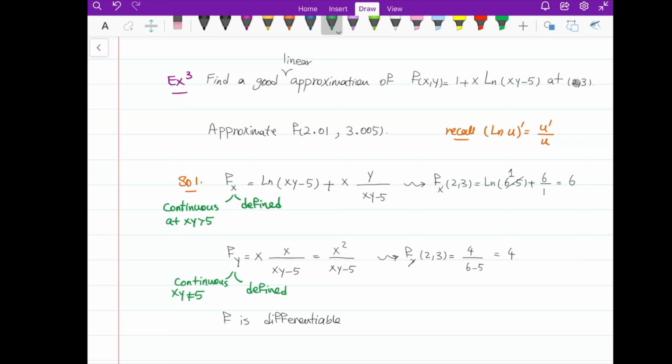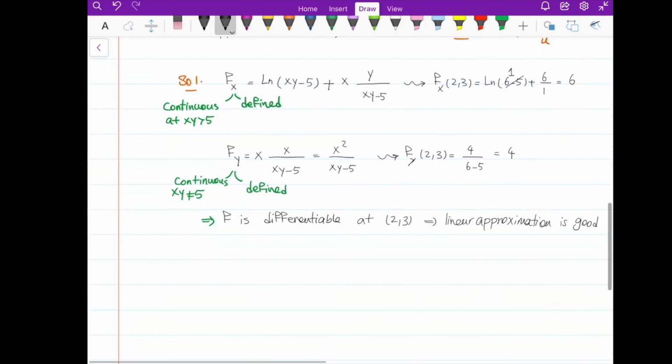So that's why the function f is differentiable at the point (2, 3), and therefore the linear approximation is a good approximation. It's very close to the value of the function.